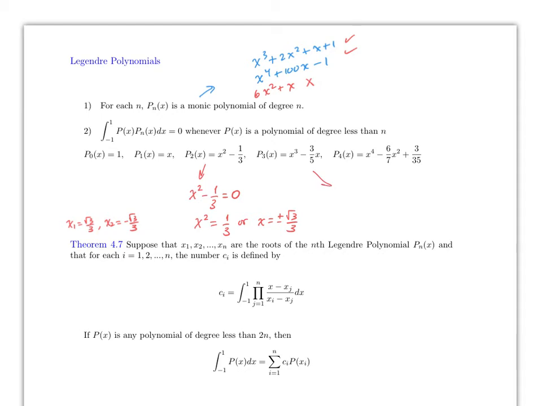In the same way, you can use p3 to find the values for x1, x2, and x3 if you have a third degree polynomial. Remember your factors, so it will be x squared minus 3/5, and then just find the values for x1, x2, and x3, where clearly the first one is 0.